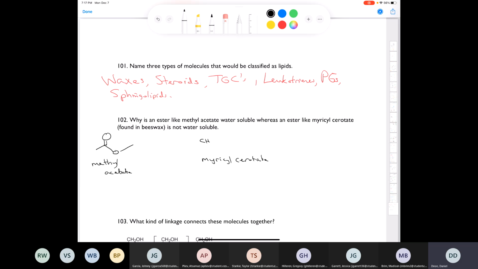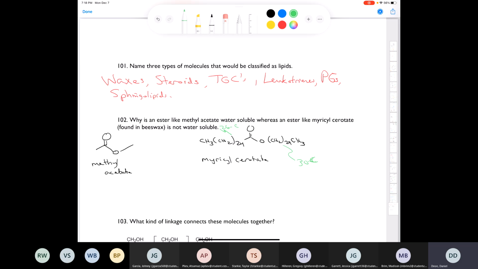Now I wrote down the condensed structure, but you've got 26 carbons on the acid side, and you've got 30 carbons on the alcohol side, right? So that's a total of 56 carbons.